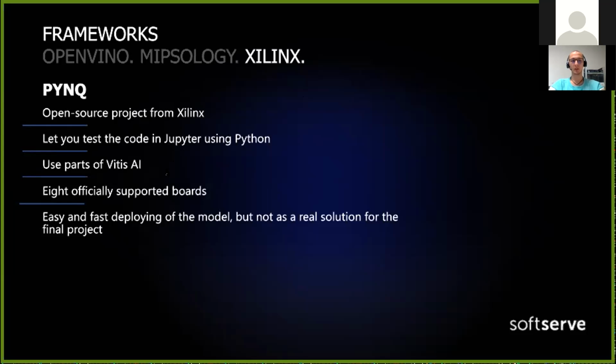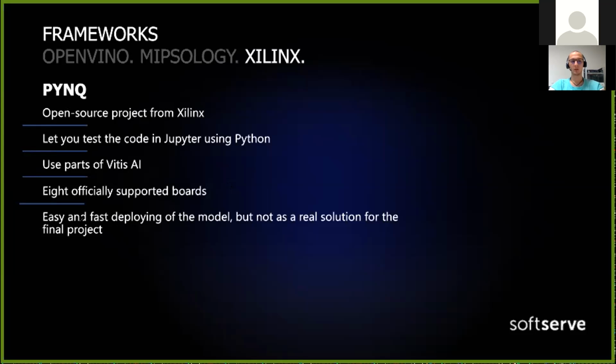It uses parts of VTCI, for example, this DPU, and it has 8 officially supported boards that make it maybe simpler for beginning, because these boards are cheaper, and it's easier to work with them because you only need to change the chip in the Jupyter notebook settings from the CPU or GPU to FPGA, and add some more lines in your code, and also add some more libraries in imports.